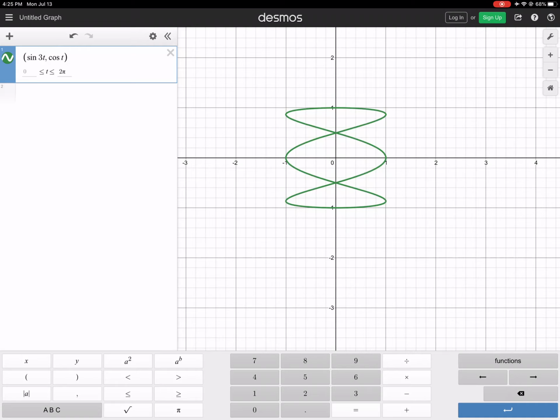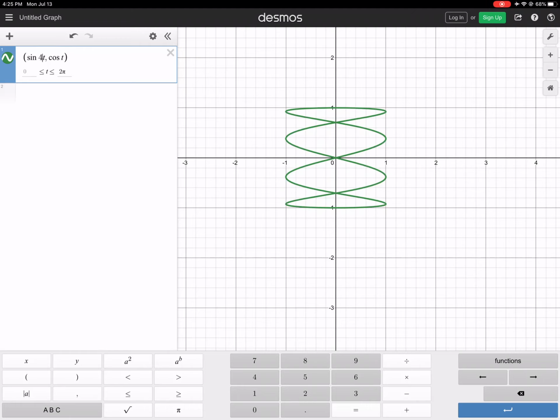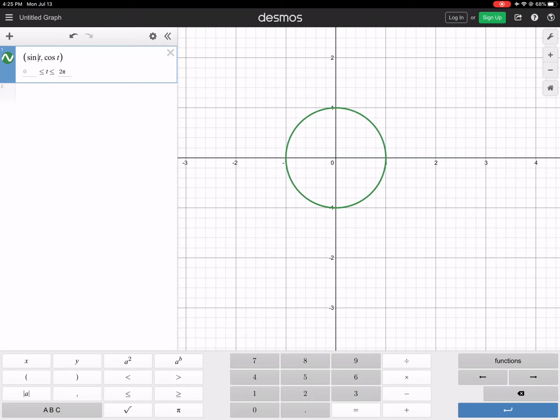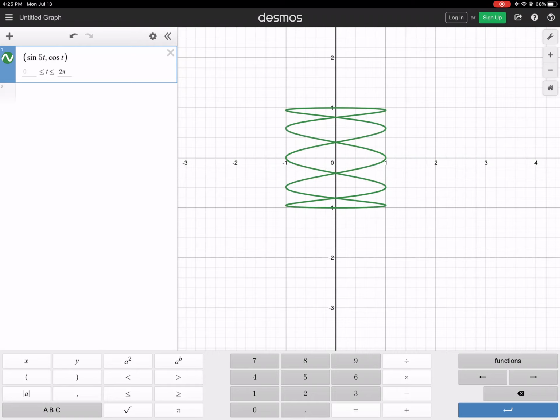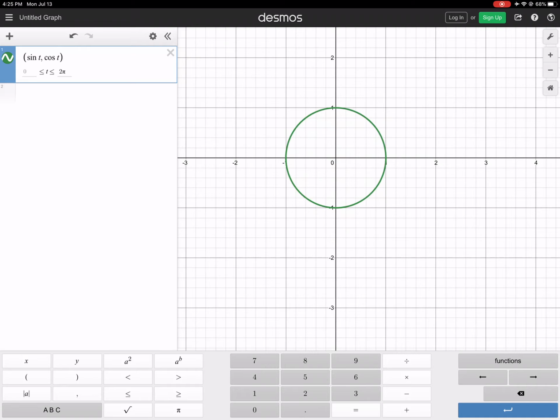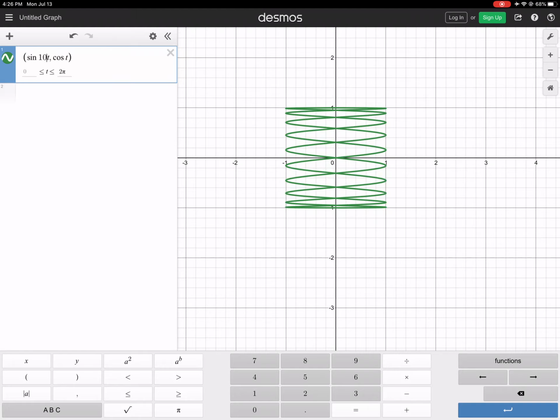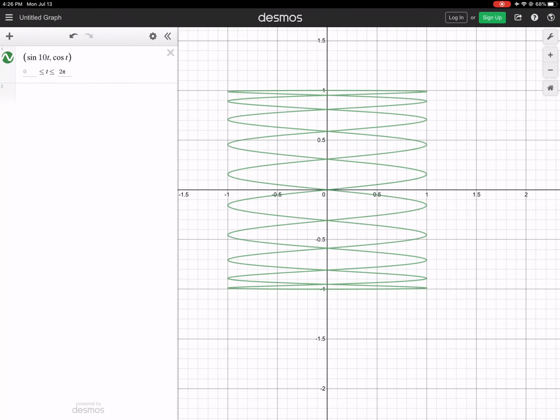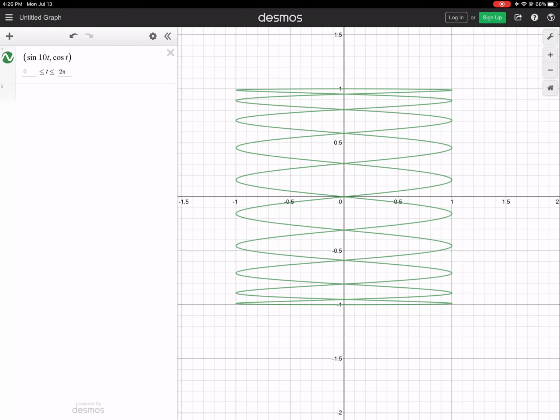Now watch what happens when I change the 3 to a 4. I get 4 lobes. When I change to a 5, I get 5 lobes. Obviously, with just 1 in front of the t, I get the unit circle. When I change to a 10, I get 10 lobes. You can count them, but that's what's happening there.